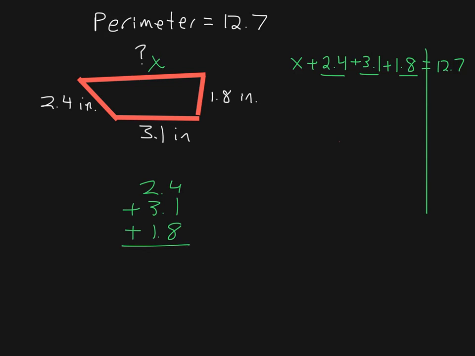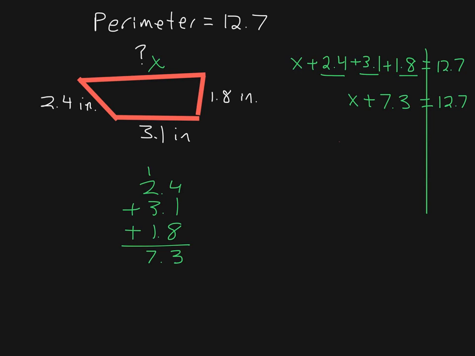Since these are all addition, I can just do them all together. 4 plus 1 is 5, plus 8 is 13. Carry the 1. 1 plus 2 is 3, plus 3 is 6, plus 1 is 7, and the decimal goes there. So 7.3. So we get x plus 7.3, that's the sum of those 3 sides that we know, equals 12.7.